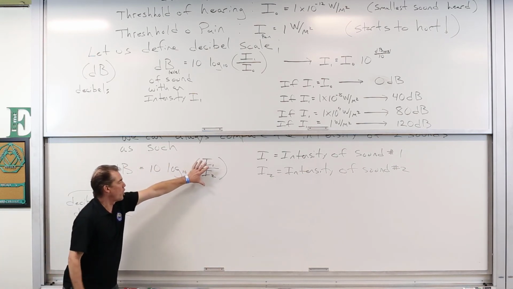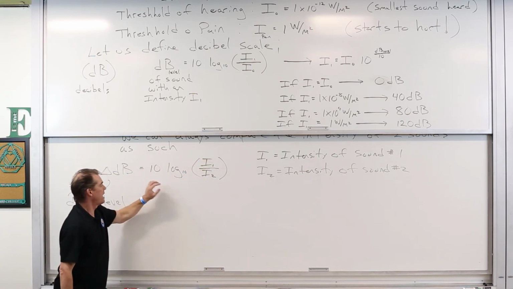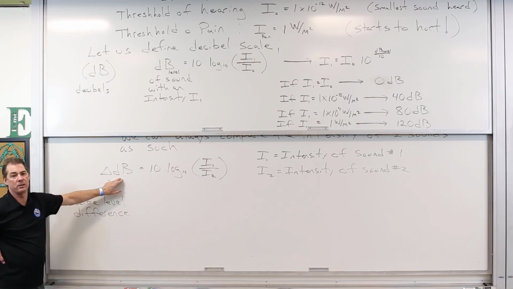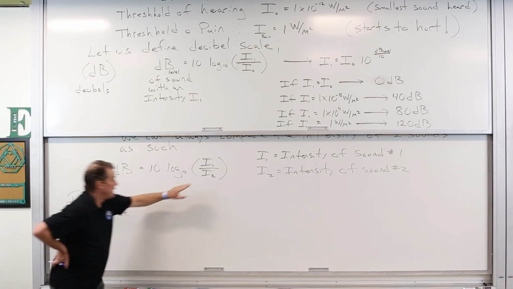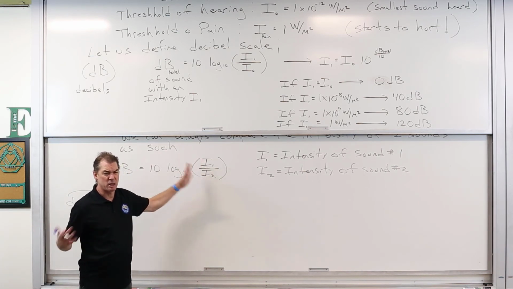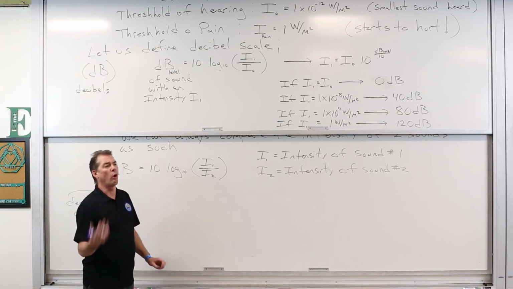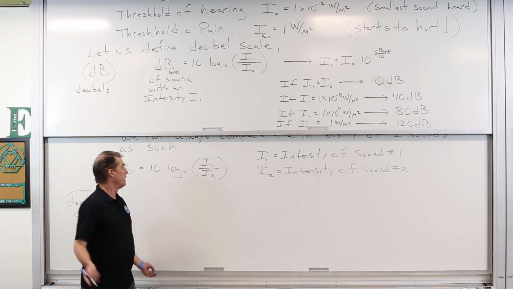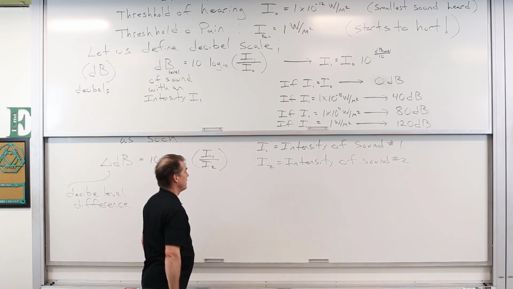What does that ratio correlate with? Well, 10 times the log of it correlates with the decibel level difference between those two sounds. And well, this ratio tells us explicitly how many times more or less one sound is intensity-wise relative to the other. This is just the ratios of intensity.